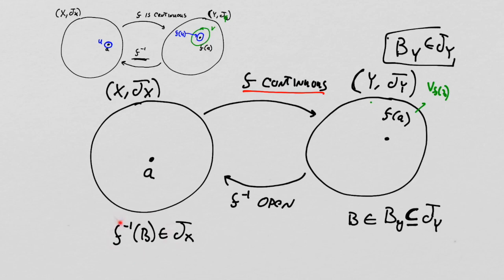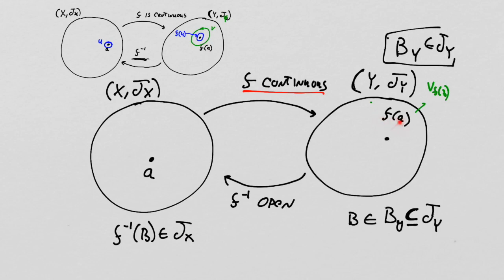And we always know that the preimage of every open set is open by our hypothesis. And so f inverse of B will always be an element of the topology of X. Notice I haven't said anything about the basis of X, just the topology of X. f inverse of B is an element of the topology of X, right?